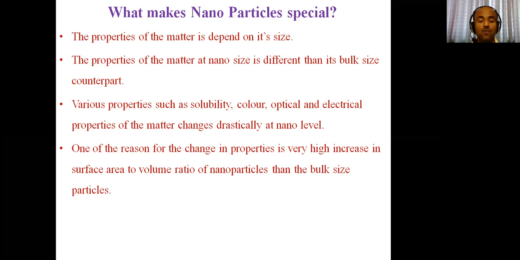One of the reasons for the change in properties is the very high increase in surface area to volume ratio of nanoparticle compared to its bulk size counterpart. So due to the drastic change in all these properties, nanoparticles are special compared to bulk particles or other size particles such as micro size particles or millimeter size particles or any other size particle.